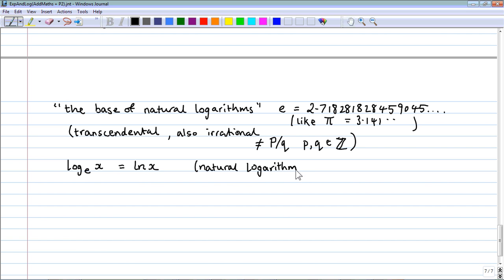And we're using this word natural because there's something very special about taking a logarithm to this specific base. Hopefully you'll understand this a bit better when we talk about calculus, about differentiation and integration in this course. But for now I do want to give you a little bit of a flavour of why e is important. So I'm just going to pause the video here and show you some information about that.